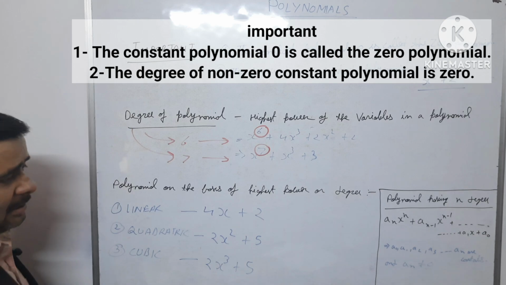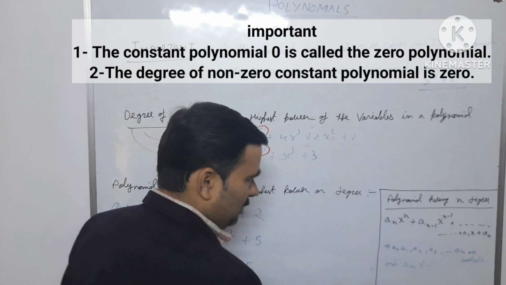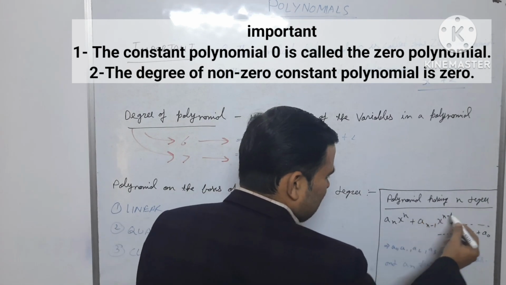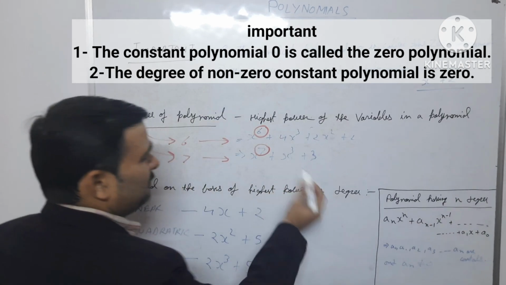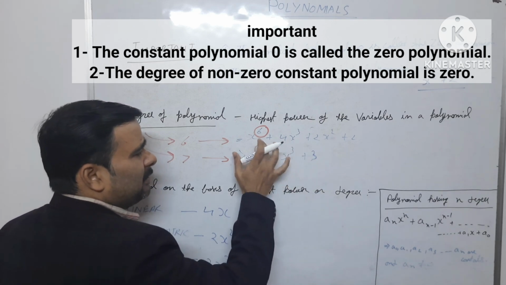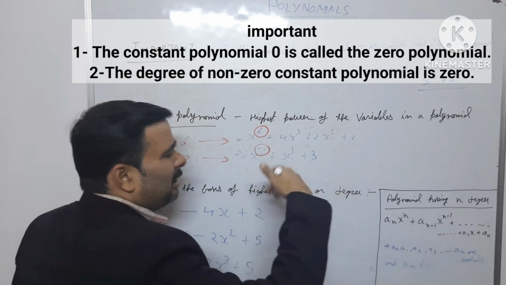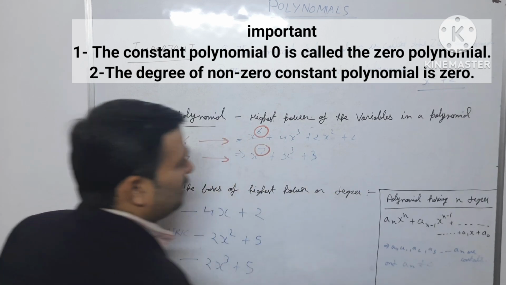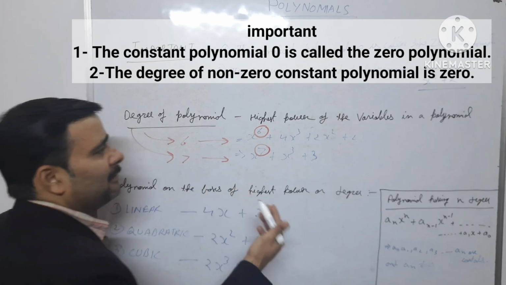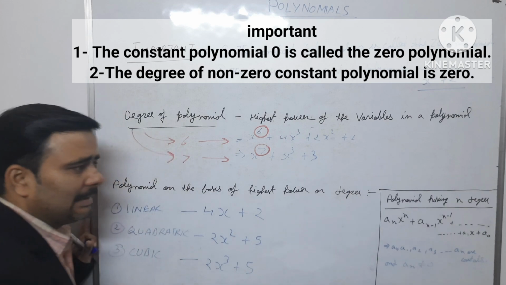Here you can see the degree is always decreasing, because when we write any polynomial we write the highest degree term first, then the lowest degree, and in this manner we write it in decreasing order.